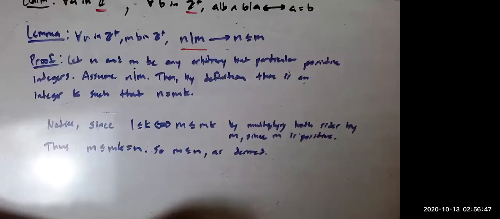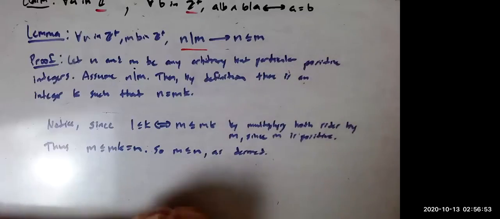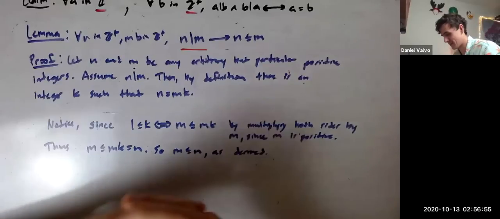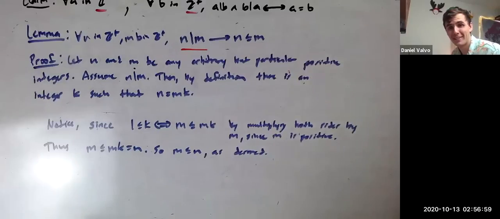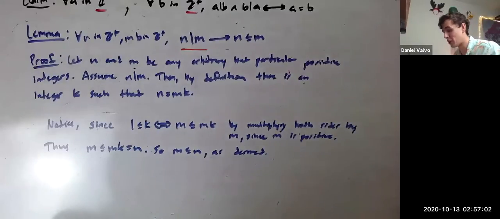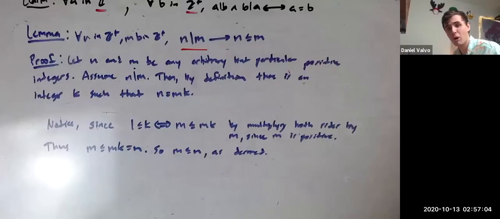Would it be in saying that k is positive but not justifying why? Exactly. If I was the prosecution and you were the defense, you'd be like, objection, why is 1 less than or equal to k?